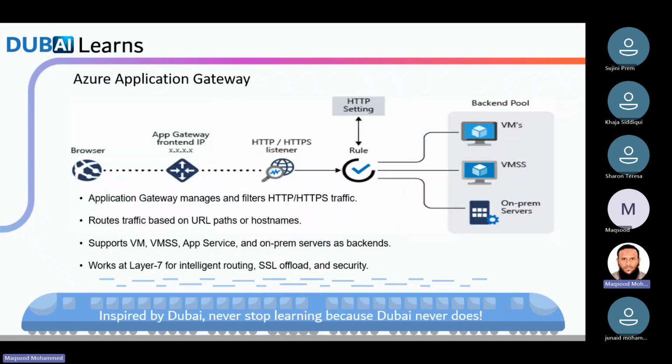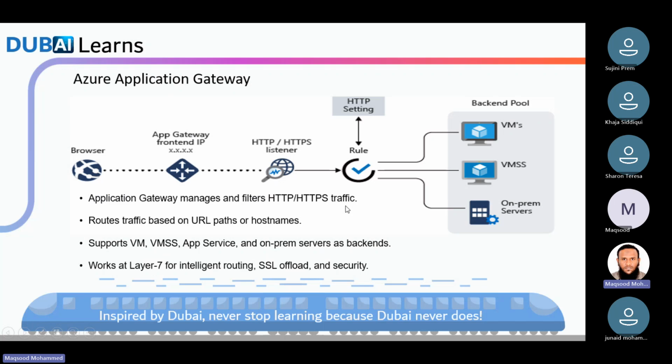Now, the next thing we are going to discuss is the Azure Application Gateway. We'll see how it is different from the load balancer. This is also a type of load balancer, but it has some application level intelligence. It works on application layers. Application Gateway manages and filters HTTP and HTTPS traffic.